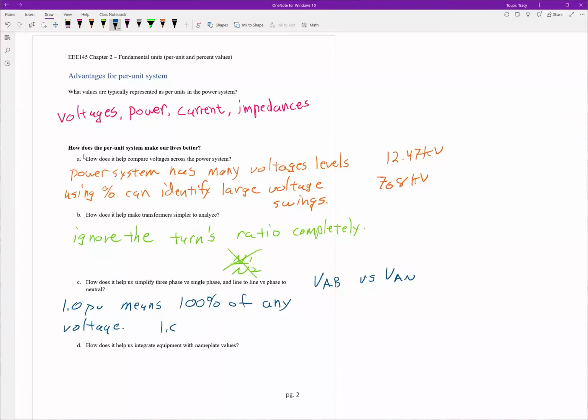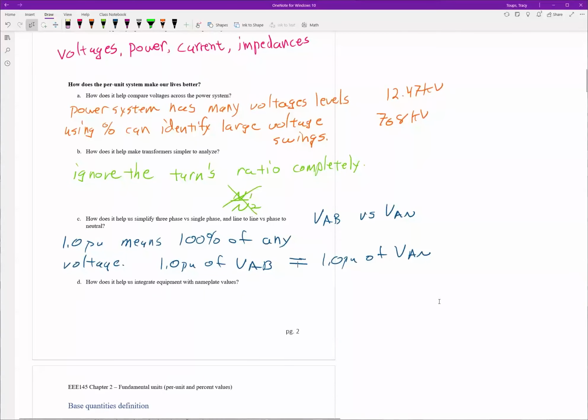So if I say 1.0 per unit of VAB, it means the same thing as 1.0 per unit of VAN, right? Because it's always a percentage. So percentage is like normalizing a number, so you don't have to worry about the hard number. Just say I'm 5% above or 5% below, okay? So in a power system, if you see a 1.0 per unit VAB, at that same point, the VAN will also be 1.0. They're not going to change, okay?